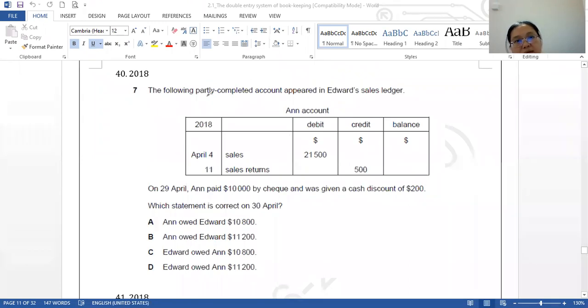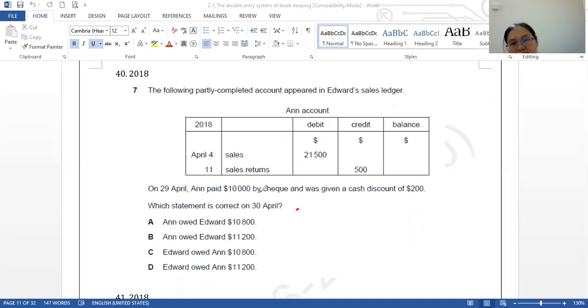The following partly complete account appears in Advert's sales ledger: sales and sales return. On the 29th, N paid 10,000 by check and was given a cash discount of 200. Now see the amount.